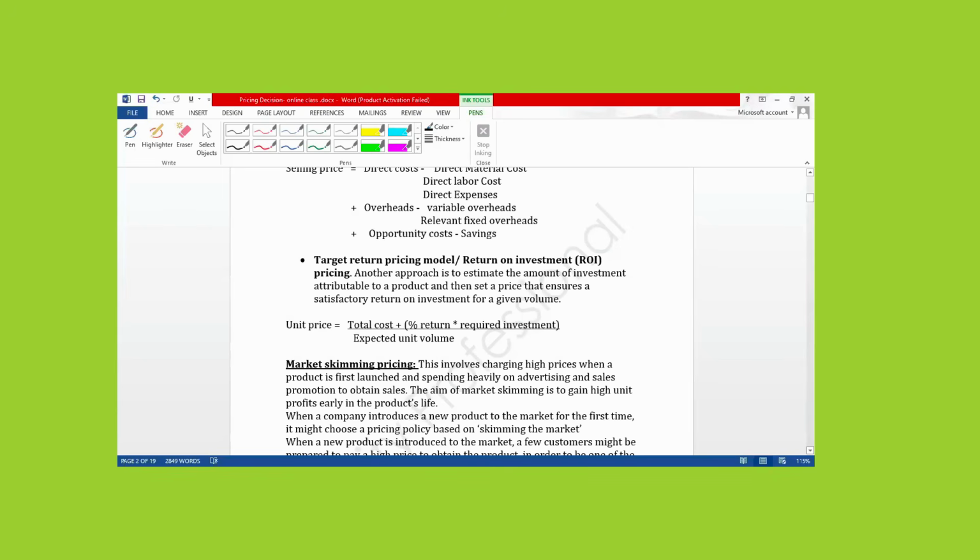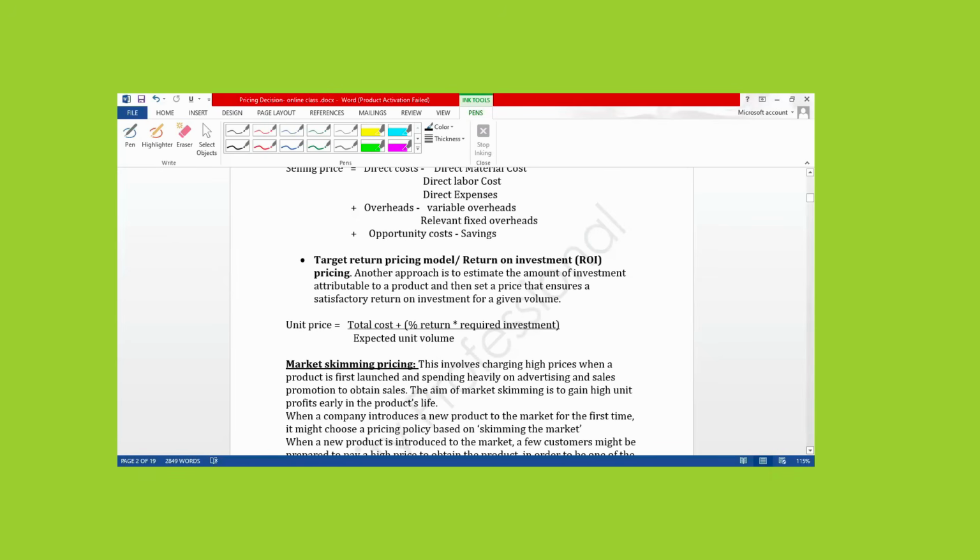The objective of market skimming is to gain higher profits at the early stage of the product life cycle.